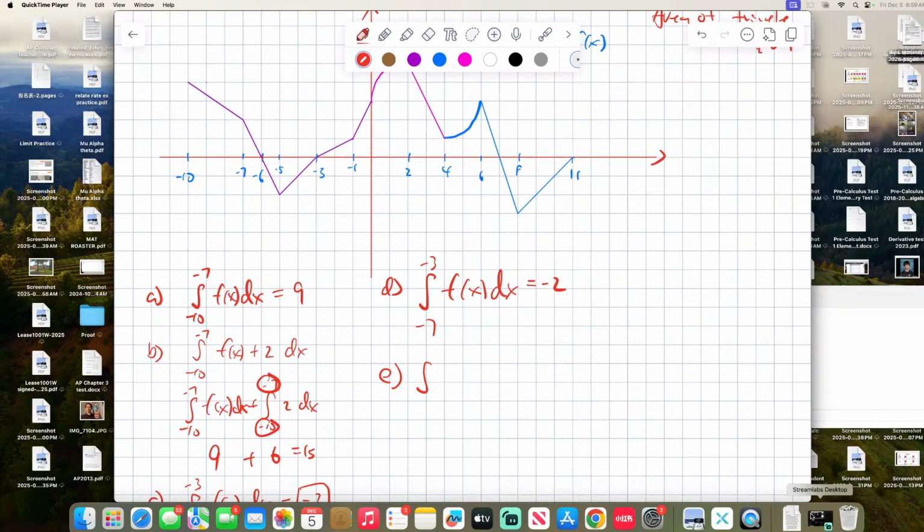Because this one is positive and this one here is negative. Or you can say this one is +1 and here is -3, so it'll be -2 eventually.